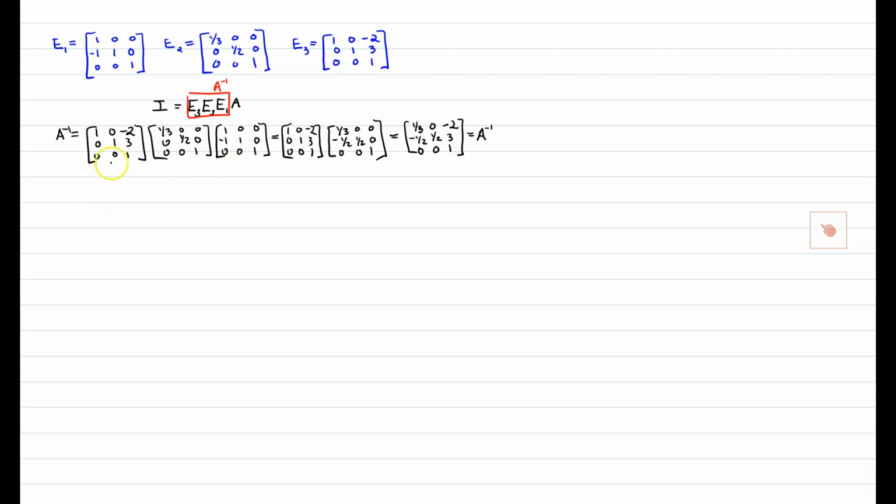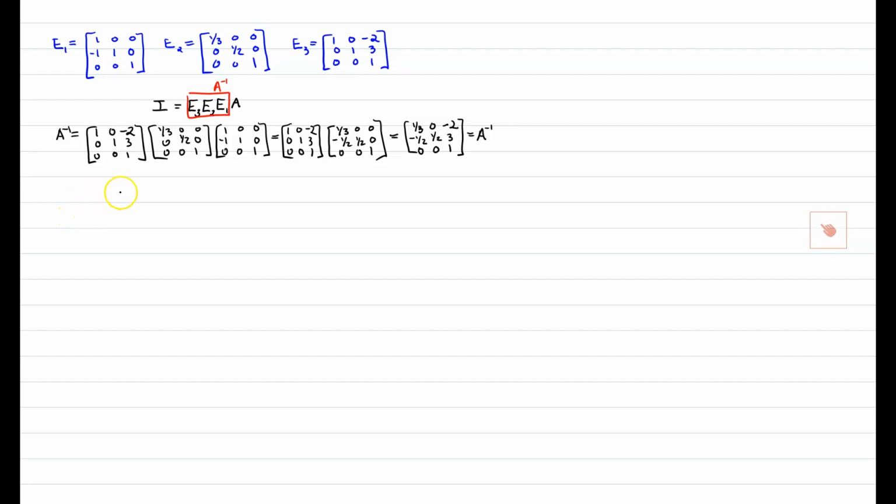When we multiply these 3 elementary matrices together, you can think of them as acting on the identity matrix. So if we took the identity matrix and we did this to it, we would get this. And then if we take the result of that and do this to it, we'll get this. And if we take this matrix and do this to it, we'll get A inverse. So why not just do all those things along the way while we're doing that row reduction? It saves us having to multiply all that stuff together at the end.